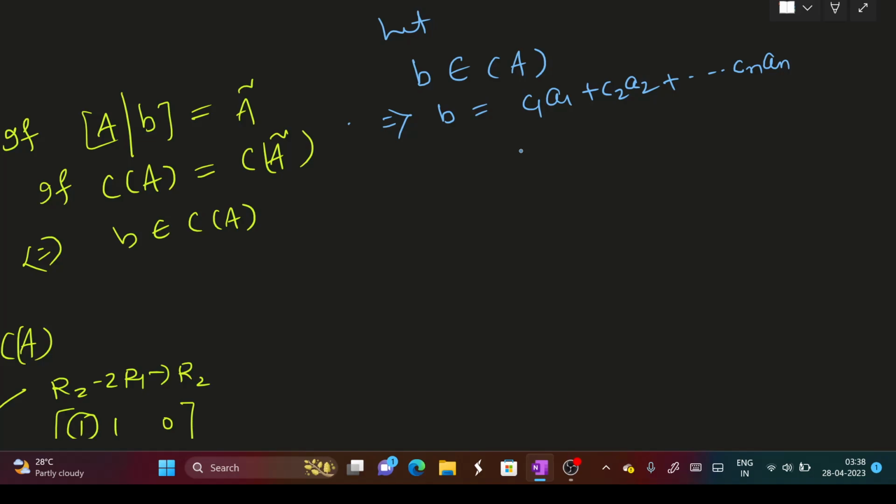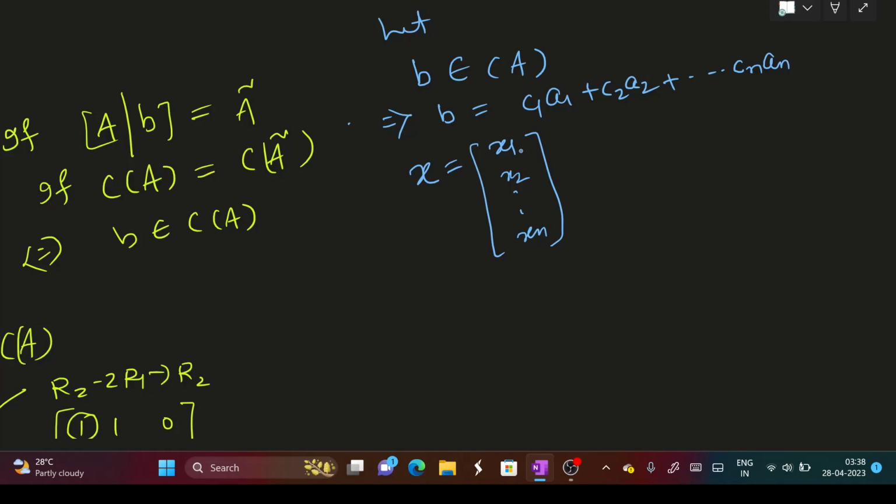So here, what is my solution then? In place of C1, I can write, so what is my solution vector? Actually, if x is equal to x1, x2 and so on up to xn, what exactly does it mean?